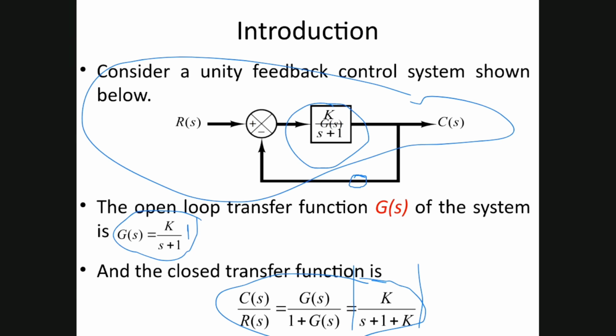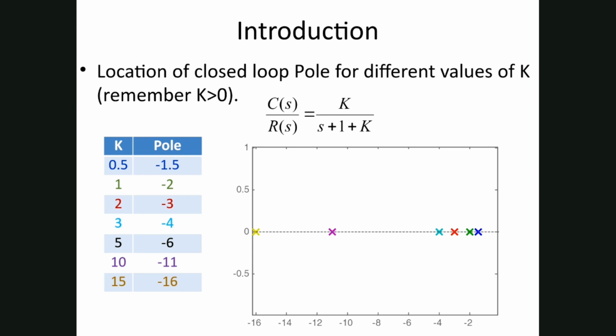But here the thing is, this K is a variable, and you don't know the value of K. So if the value of K changes, your pole values will also change, because poles are the roots of the denominator. This is your denominator, s + 1 + K, and if K is changing, your pole will also change.